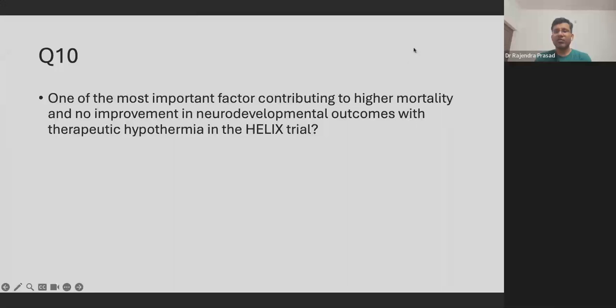Increased risk of death before discharge in the intervention group. There is something very striking if you see the baseline characteristics of the population. Developing countries and sick babies. LMIC. So it is done in LMIC only.